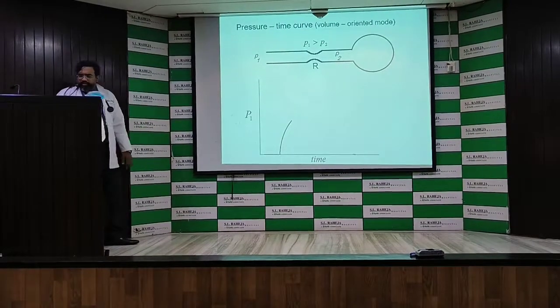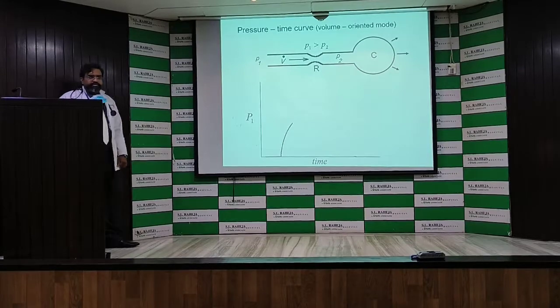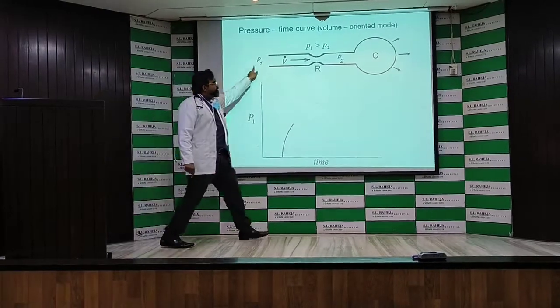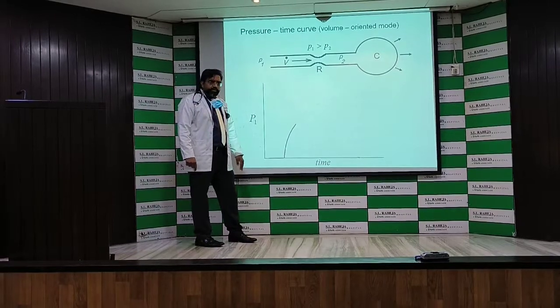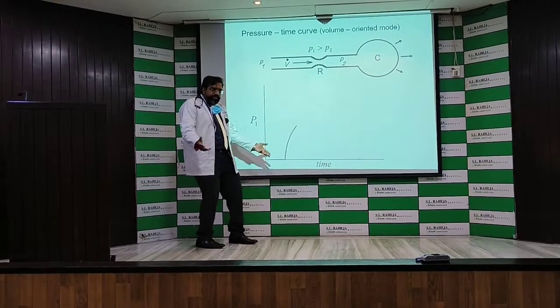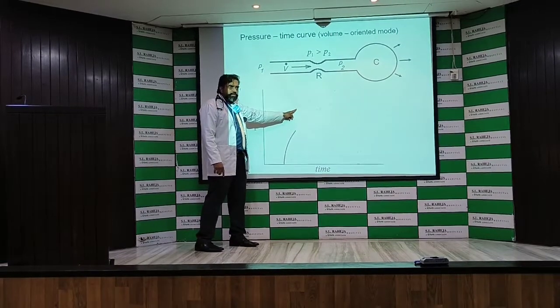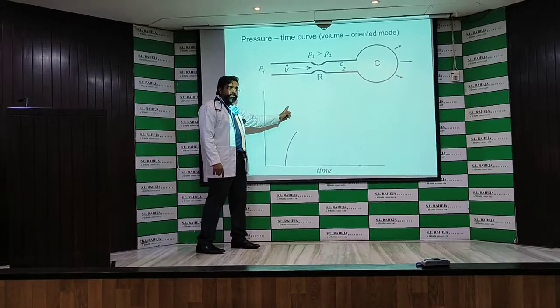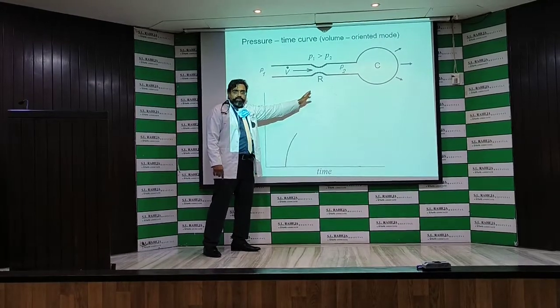And why is that occurring? Why is the pressure going up? Because the flow has started moving inside. That's why the pressure has gone up. Now if this goes higher, it means the flow is higher. That means there is probably resistance of the airway.